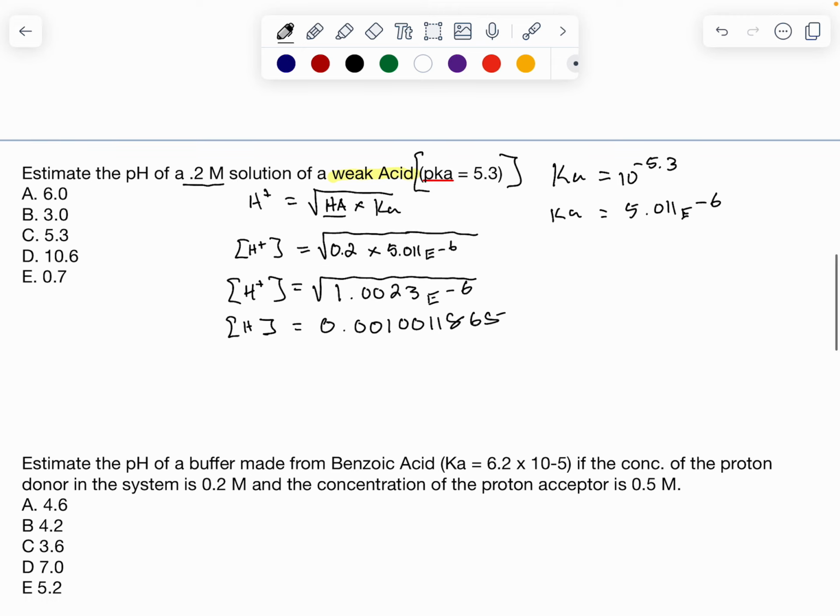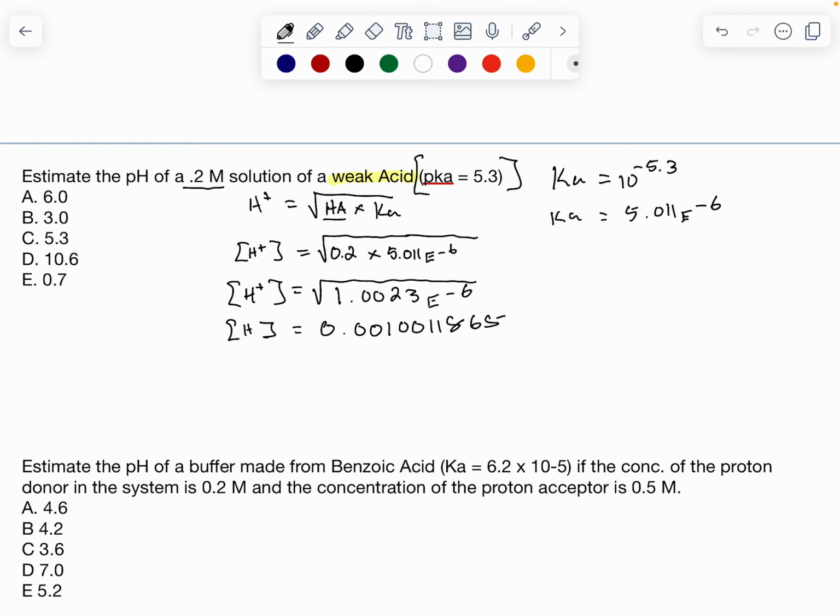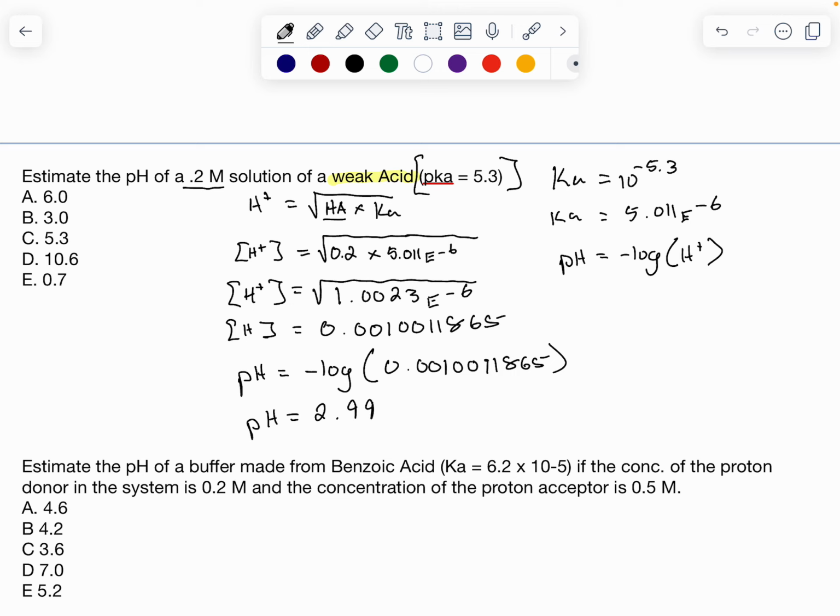And if you guys remember from earlier, the equation that we are going to use to find our pH is pH is equal to the negative log of our proton or hydrogen concentration, because that is what we just found. And so now all we do is negative log this value. And drum roll please, that gets us a pH of 2.99. So the answer in this case would be B, 3.0. We just found the pH for this problem.